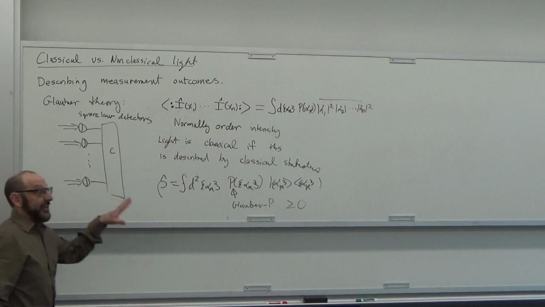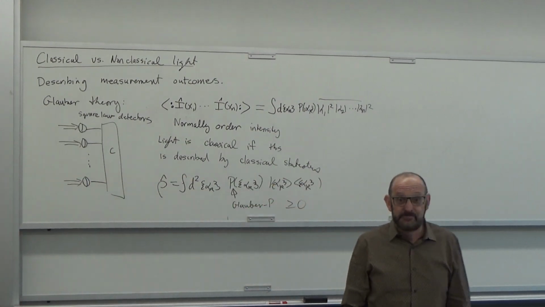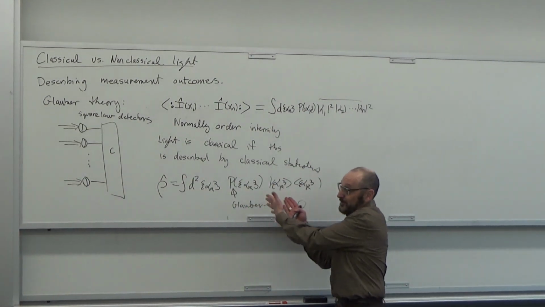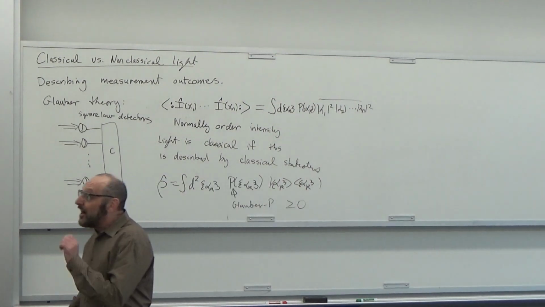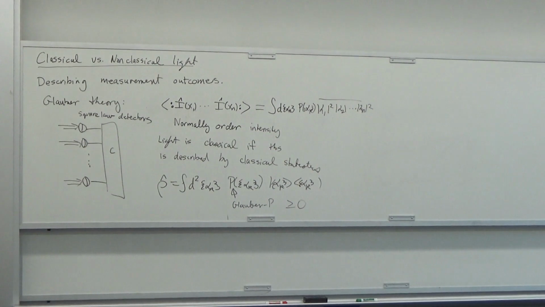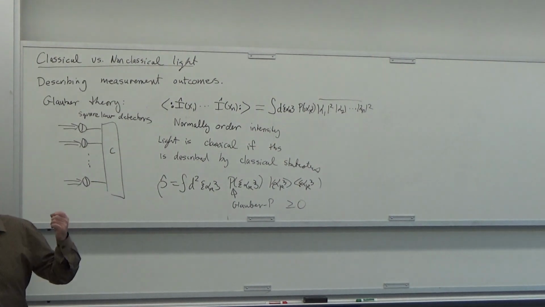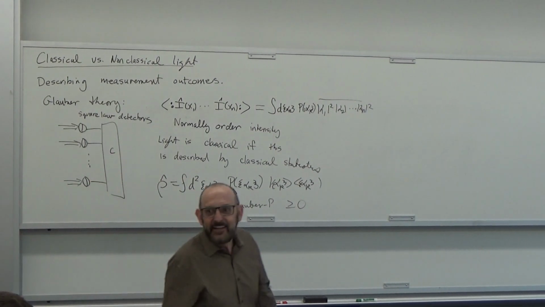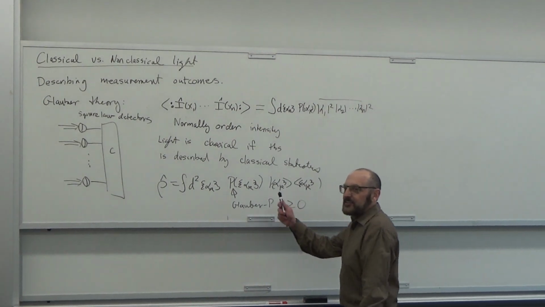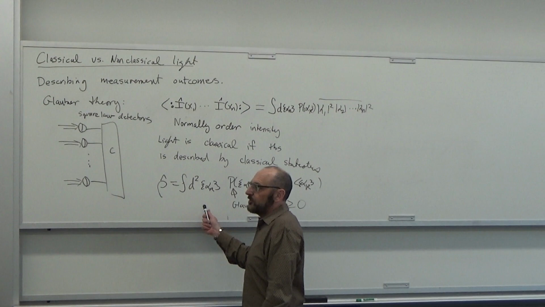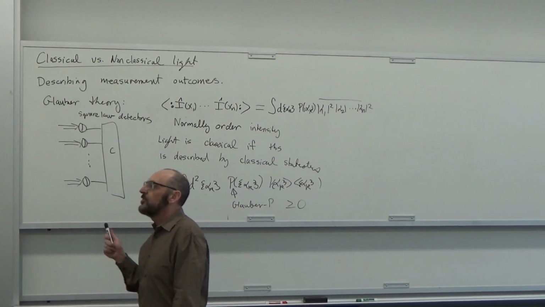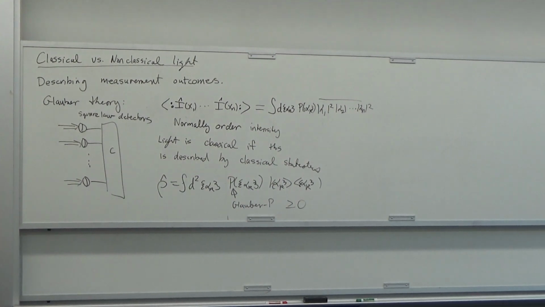And squeezed states cannot be described this way. Squeezed states are not a statistical mixture of coherent states. We saw that, whether we remember that or not, earlier in the semester when we looked at the condition. Every state of this sort will always have fluctuations in the quadratures that are at least as big as the vacuum.